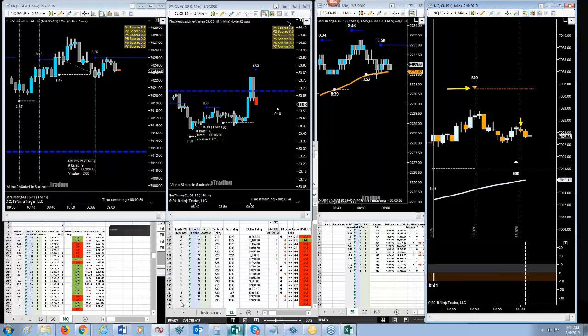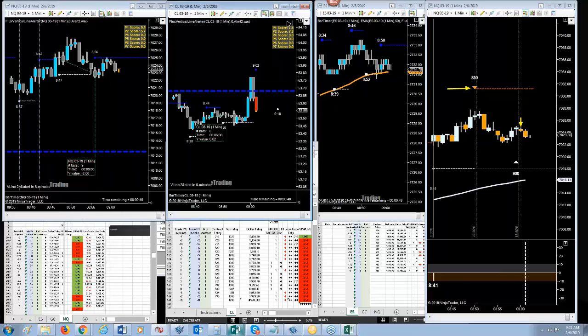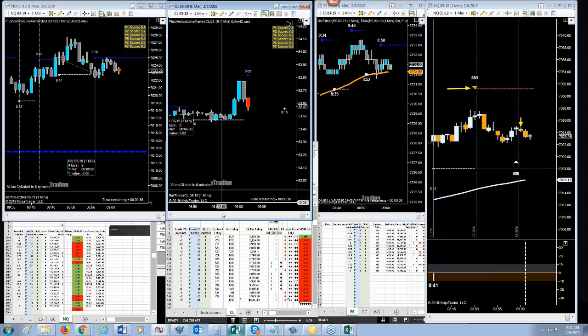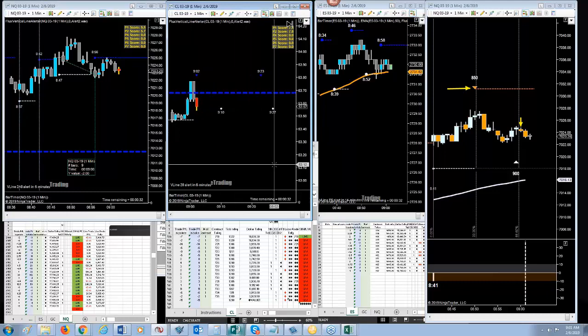Nice. Minus 11. $9.02 will be our next signal in CL. It is below the blue line. That's coming in 27 seconds.